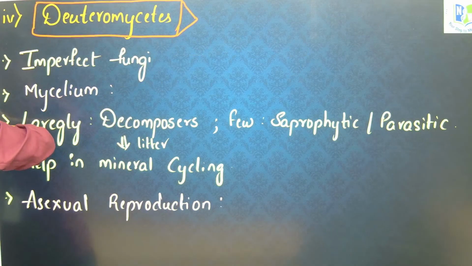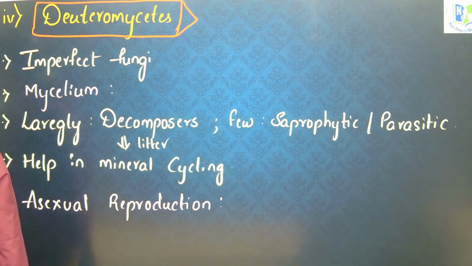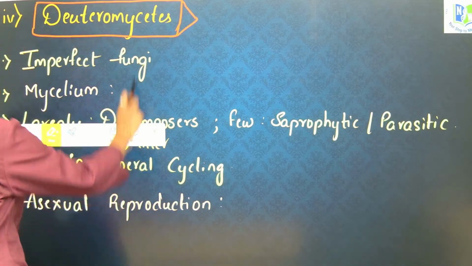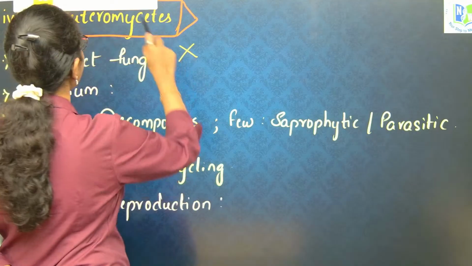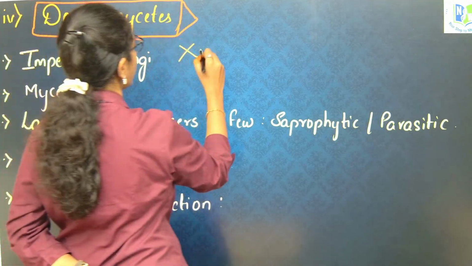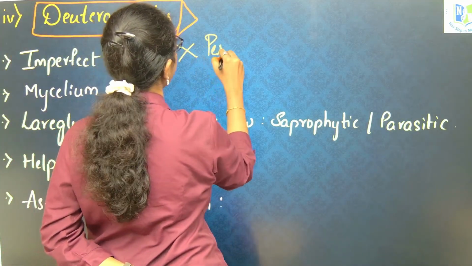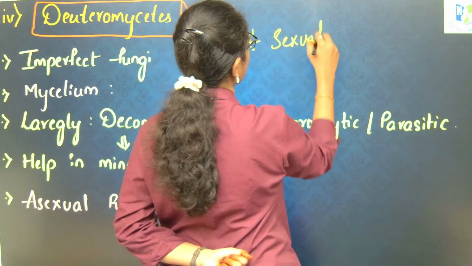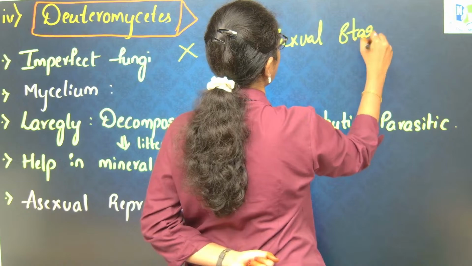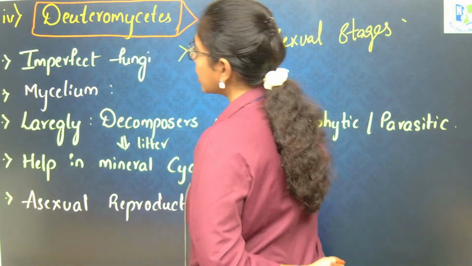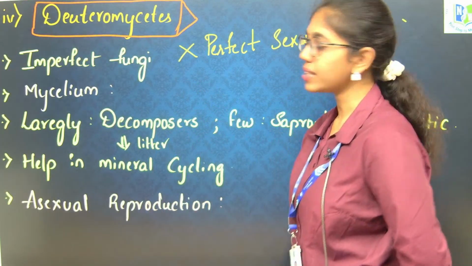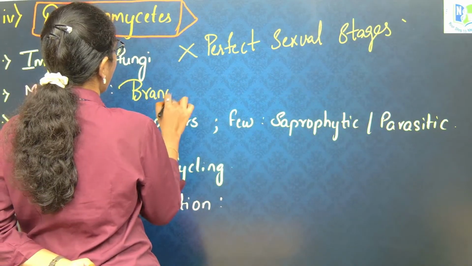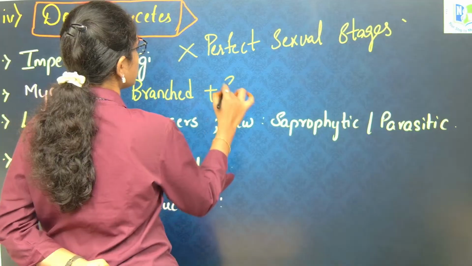The last class of fungi is Deuteromycetes. Deuteromycetes is called imperfect fungi because there are no perfect sexual stages in these fungi. The mycelium is branched and septate.